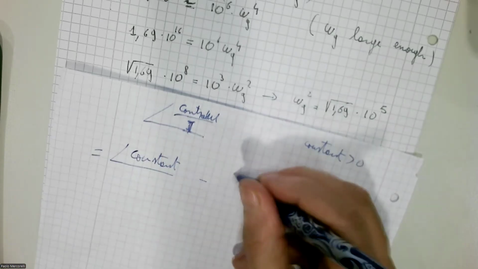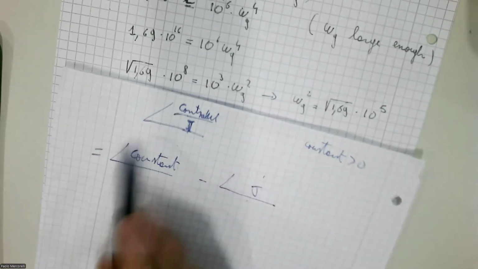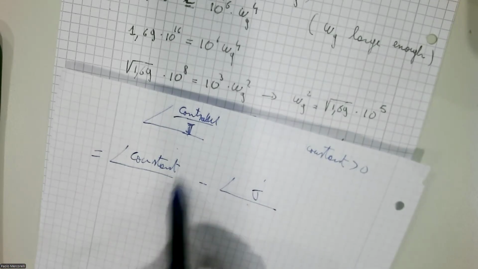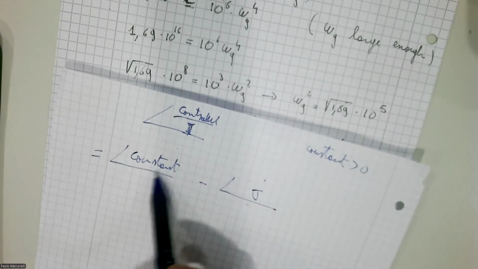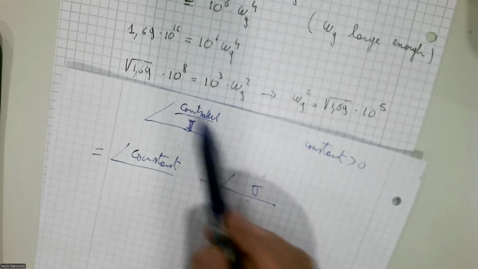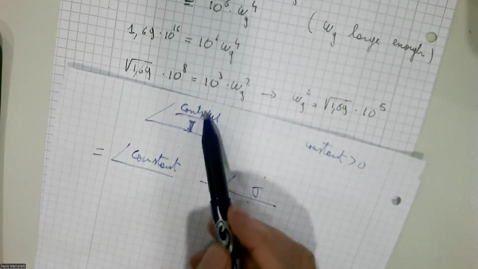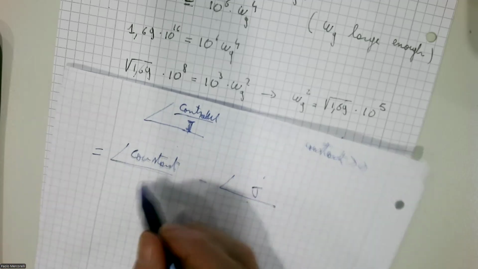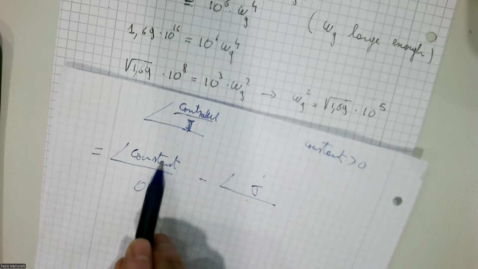But if you look at the notes in math, you can remember or recall this. It is the difference of the phase of the numerator and the phase of the denominator, because you can express the complex number in exponential form. The phase of this is 0 if this is a positive constant.